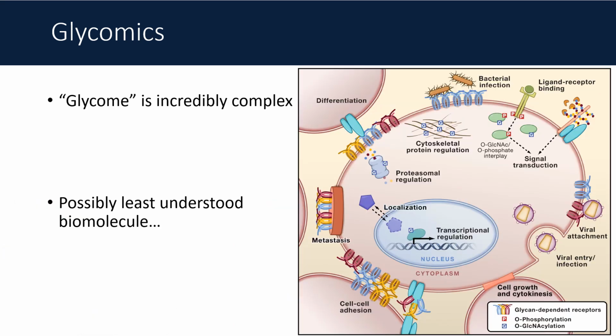So I hope now when you think of carbohydrates, you think of them as more than candy, sweets, and potatoes. Because the glycome, which is the collective of all the carbohydrates in an organism, turns out to be incredibly complex. Yes, the cell uses carbohydrates as a food source, but we've also learned that carbohydrates can function as structural support.